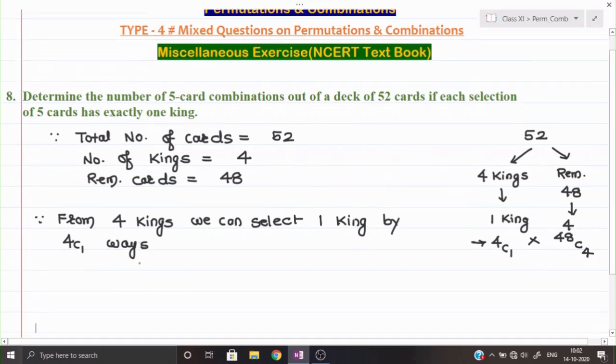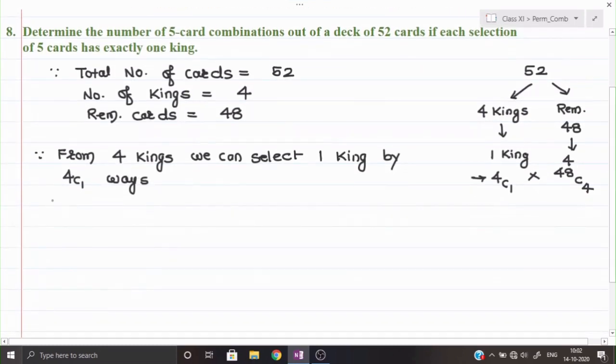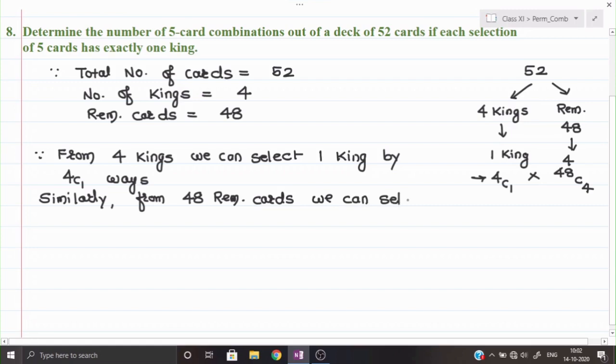Similarly, from the remaining 48 cards we can select 4 cards by 48C4 ways.